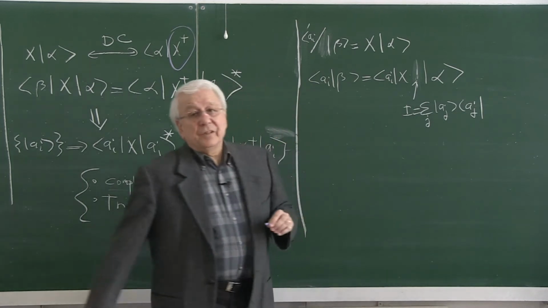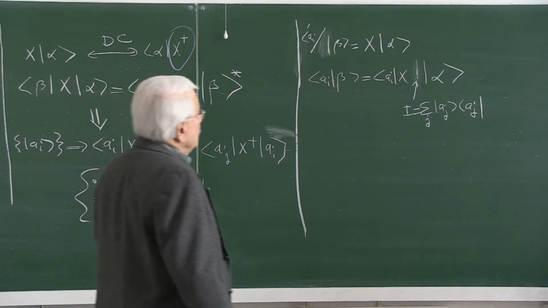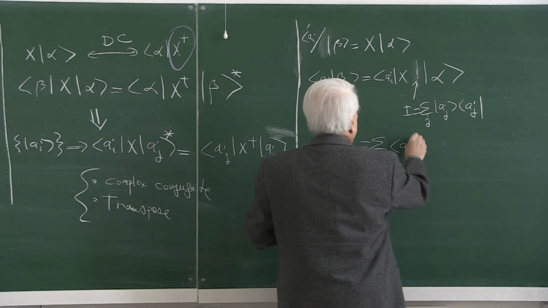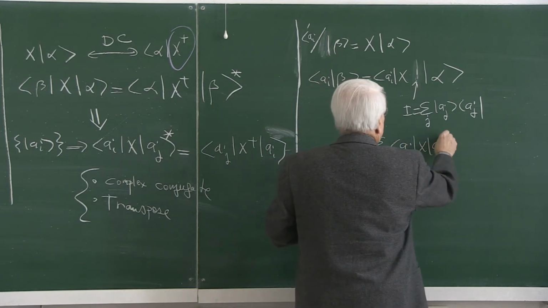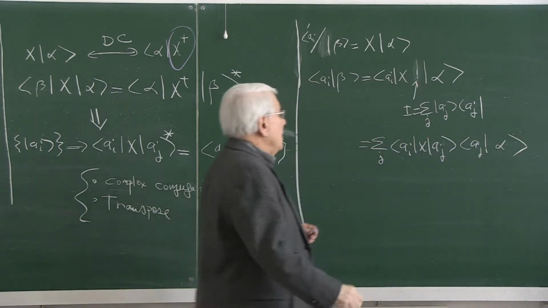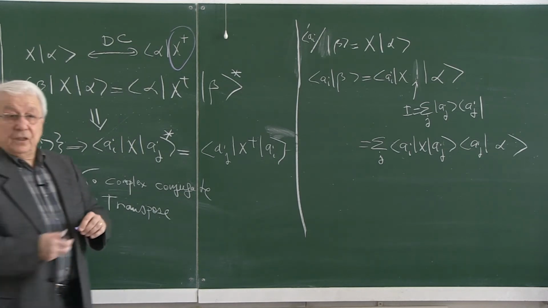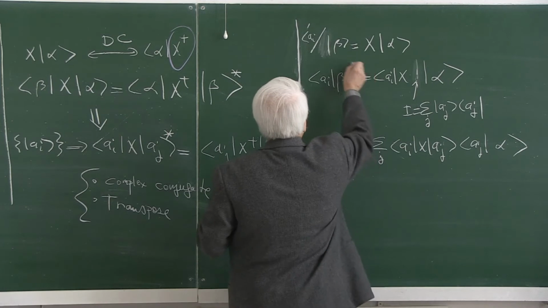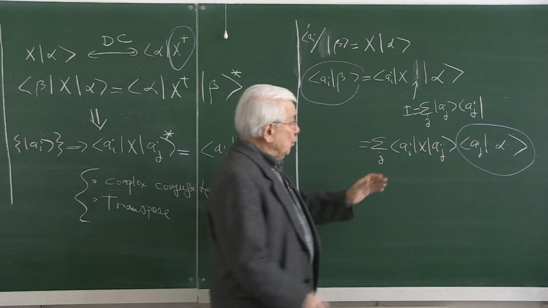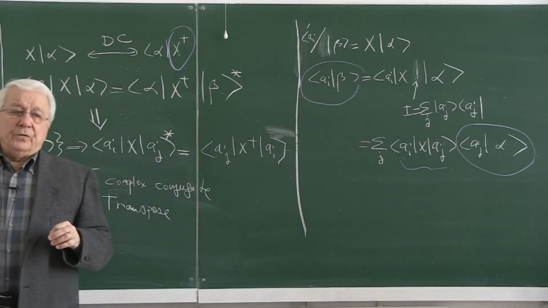As always, identity is the completeness relation of the eigenvectors of the operator A. So what do I get on the right-hand side? I get the sum over J of AI X AJ times AJ alpha. So I'm in a better position to interpret the new entities, because this was already defined to be the matrix representation of the operator X.